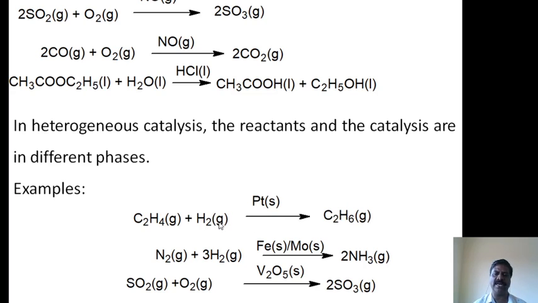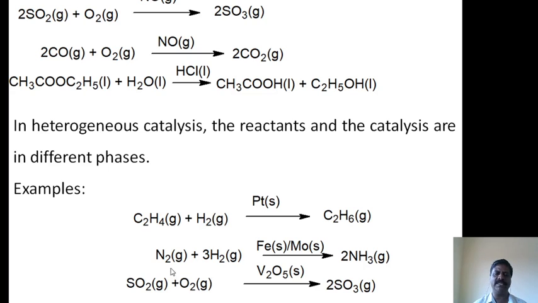This reaction is called a heterogeneous catalytic reaction, because the reactants ethylene and hydrogen gas and the catalyst platinum are in different phases. The reactants are in the gaseous state and the catalyst is in the solid state, hence it is called heterogeneous catalysis.